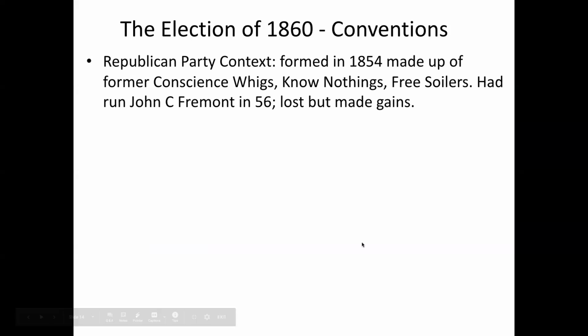All right, let's do some context. So remember, the Republican Party, a relatively new party on the scene, formed in 1854. They're grabbing up all of these remnants of the Whig Party, especially the conscience Whigs, Whigs that didn't agree with slavery. There's a smattering of know-nothings in here, Free Soilers. Remember that the precursor for the Free Soilers was the Liberty Party, the more extreme of the two.